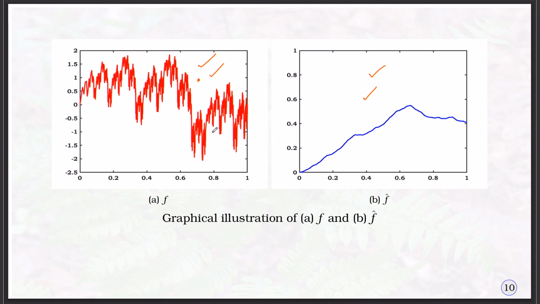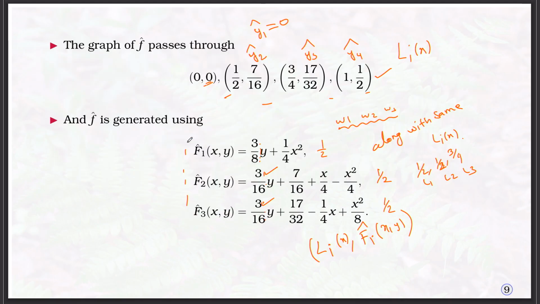You can observe that if this is the f for a given data set and this is the f cap, then f and f cap are not passing through the same data points. This f we generated by using the given data set, whereas f cap is the integration of this f, and it passes through the new data points that are obtained here.